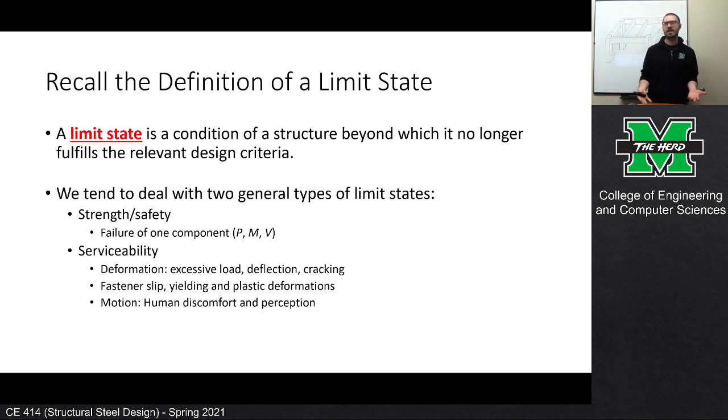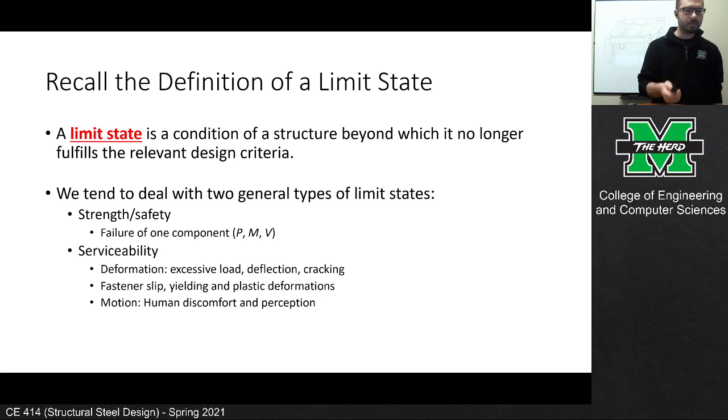Our strength limit states will be related to yielding and fracture, and then there's a weird one called block shear, which we'll talk about near the end. And then we'll also consider a service limit state related to a member's slenderness. But we'll get to that as we go. But the big picture I want to convey is that with tension members, we actually get to handle both of these. So it's a nice introduction to everything going on.